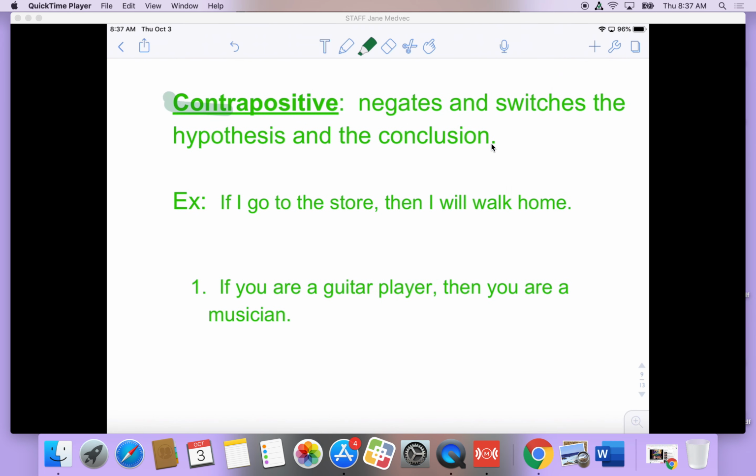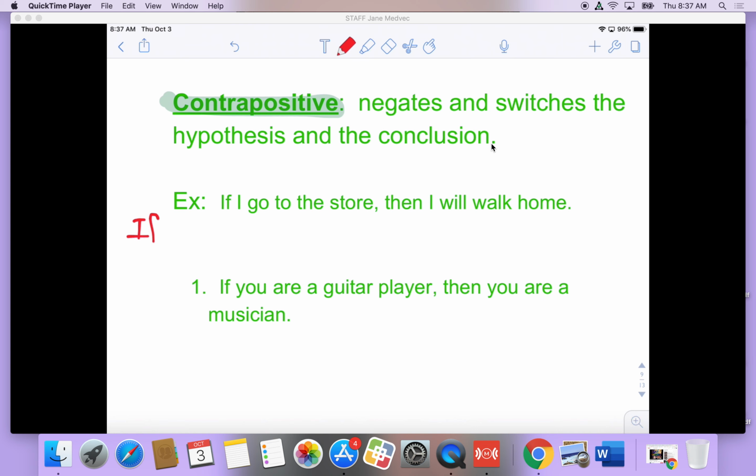Contrapositive, next definition. A contrapositive negates the sentence and then it switches the hypothesis and the conclusion. So it's like the converse, but it negates it. Okay? So if I go to the store, then I will walk home.